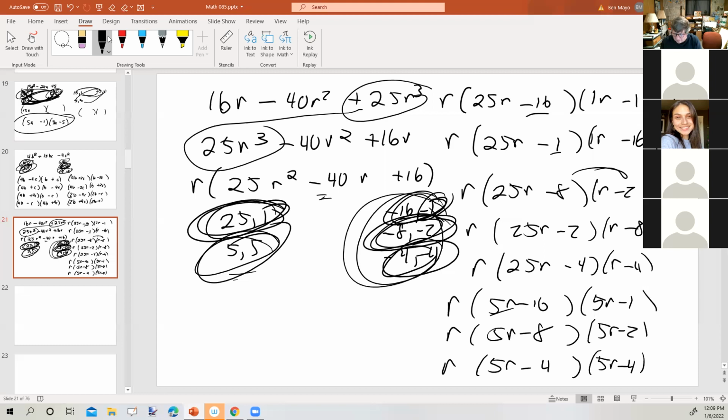Which one is correct? The one that gives me minus 40r squared in the middle. So let's see, this is going to be minus 25, minus 16. Nope. That's going to be minus really big, minus 1. Nope. Minus 50, minus 8. Nope. Minus 200, minus 2. Nope. Minus 100, minus 4.